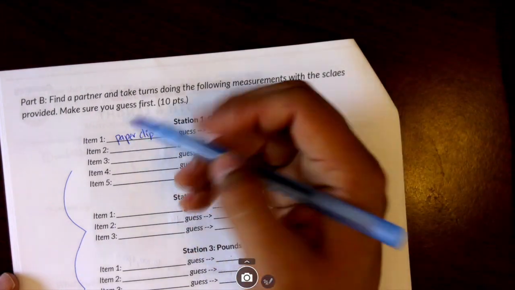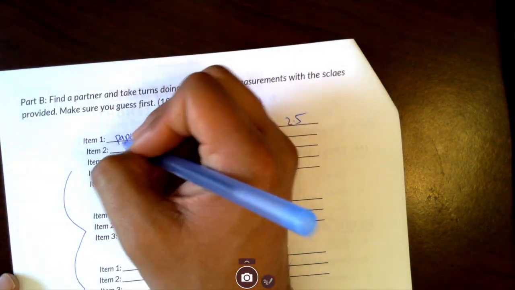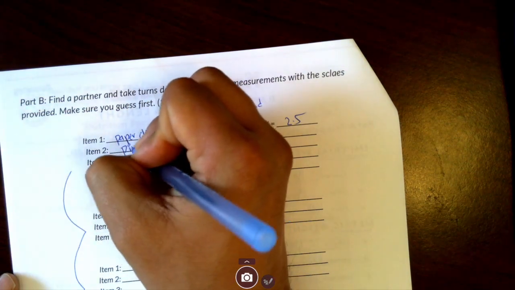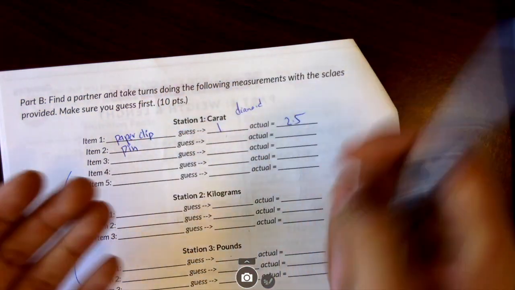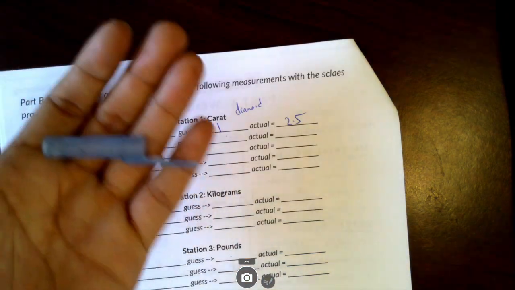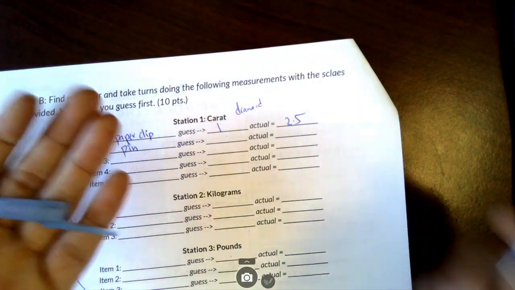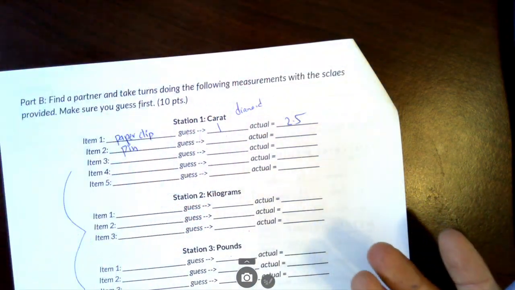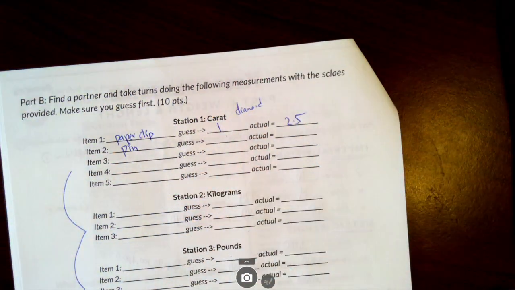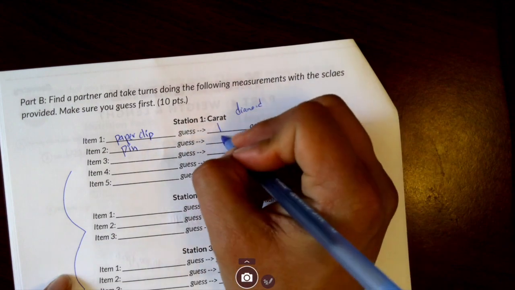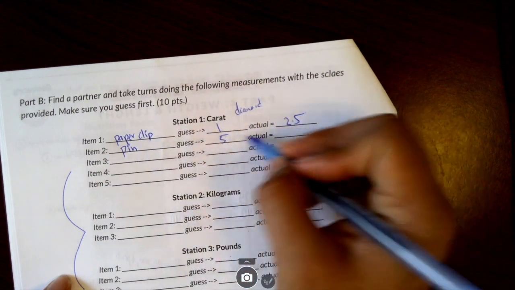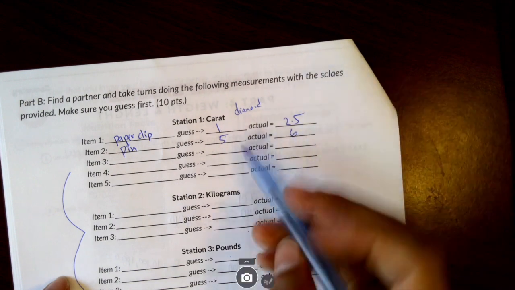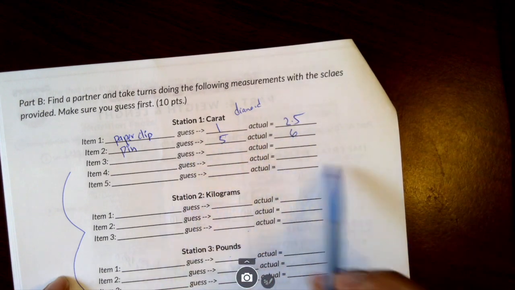And then the next item, I can't remember what it was. It was a pin. So now you basically hold the pin in your hand and you're like, oh, okay, well, this was the paper clip, this is the pin, I thought this was 1, but it was really 2.5. Then you guess, and then you take the actual item and put it on the scale, and so it might be more, it might be less. I think students kept getting closer as they kept going.